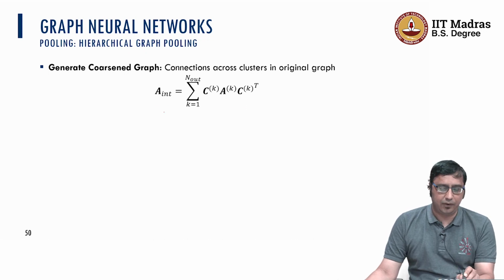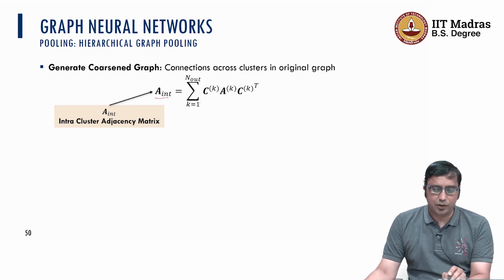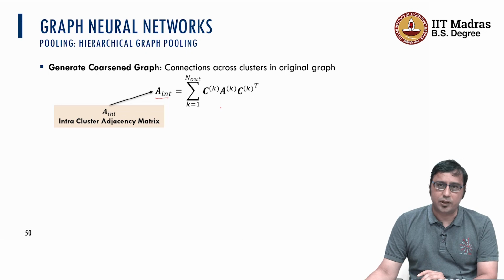where A_int is the intra-cluster adjacency matrix. What we are trying to figure out is the connection in the coarsened graph. For that we are going to use another matrix, A_int, which is a summation over all the clusters, that is, over the super nodes of the coarsened graph.